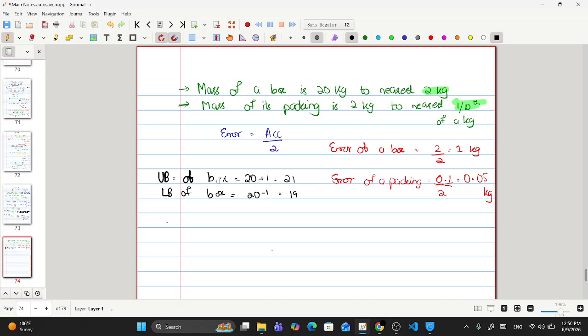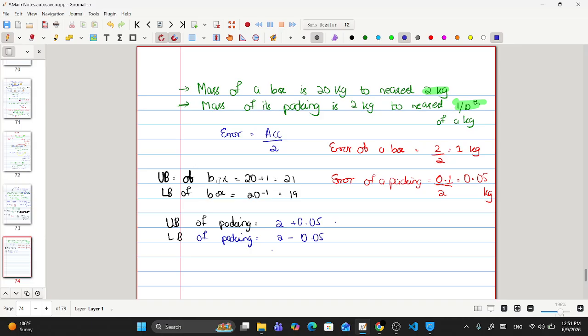And if I told you to find the upper bound and the lower bound of its packing, which is inside of it, the initial value that we have is 2 kilogram, right? So this becomes 2 plus 0.05, and the lower bound becomes 2 minus 0.05.